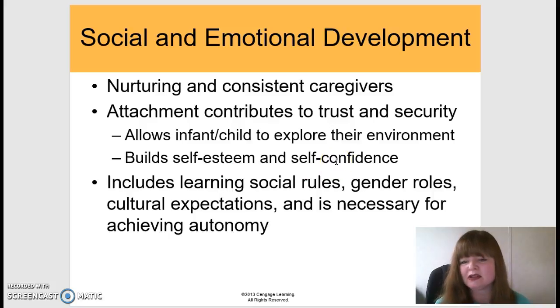And this may remind you a little bit of Maslow's hierarchy. It also includes learning social rules, how to get along with other children, gender roles, cultural expectations, and is necessary for achieving autonomy, which is our goal as they age. They become more and more autonomous, able to learn things on their own, do things on their own.